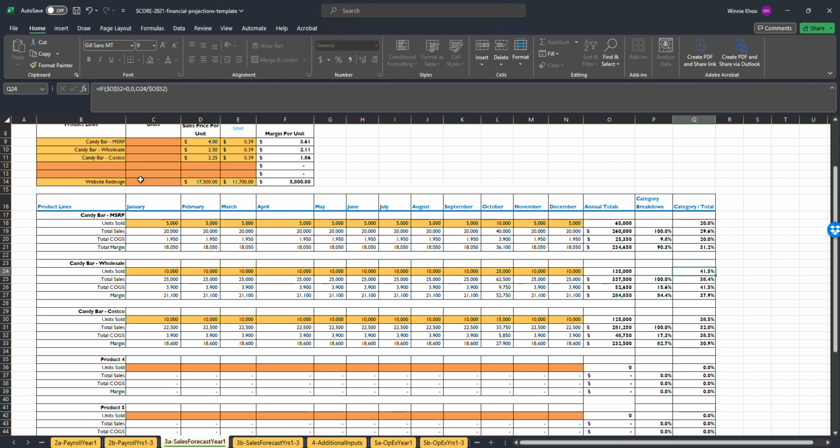So we're now moving into service-based COGS. I do have website redesign here in the product lines. COGS again is typically not part of the financials for service-based companies, but there is value in doing this just to see the profitability per project.